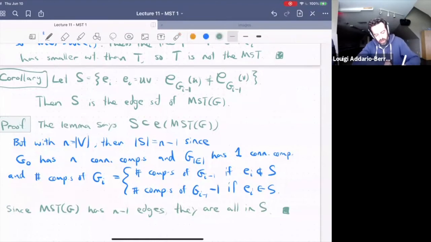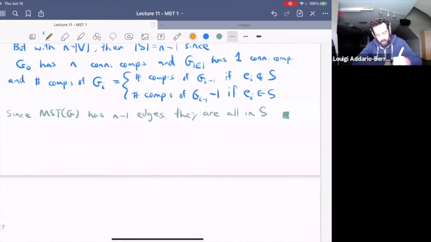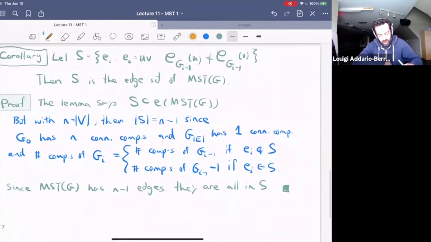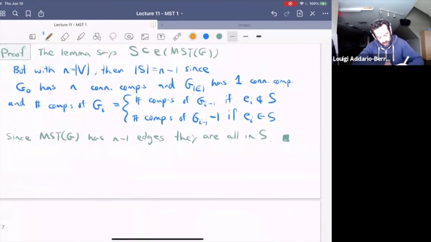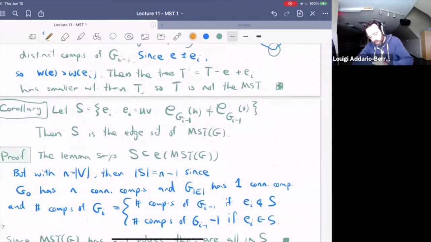And now we can prove that Kruskal's algorithm is indeed generating the minimum spanning tree. What is that symbol? Is it a C and not an E? Yeah, I'm sorry. My script C's sometimes turn into E's.